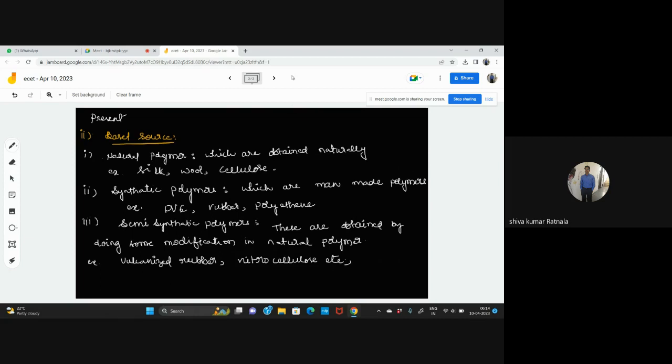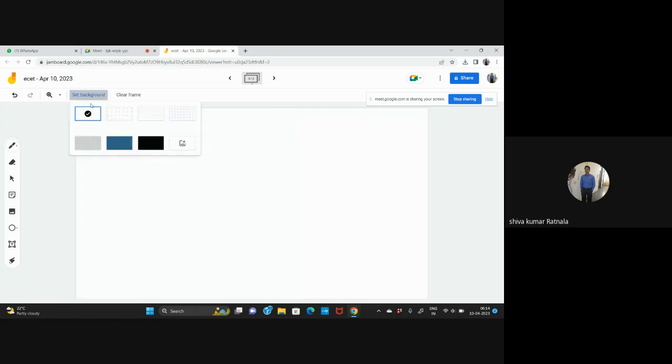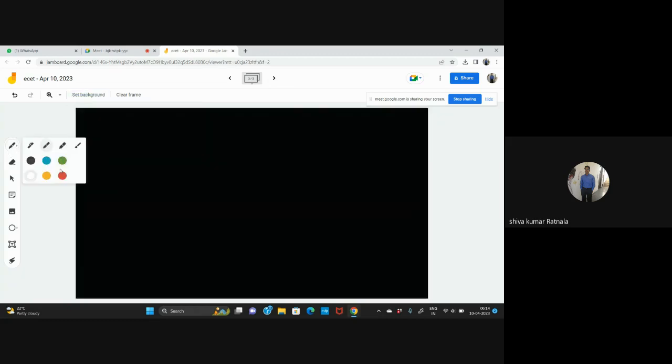Next classification is based on synthesis. So actually these are only there in our examples.